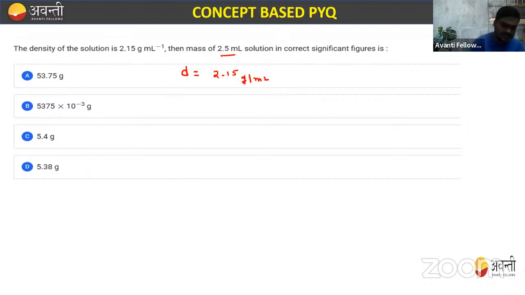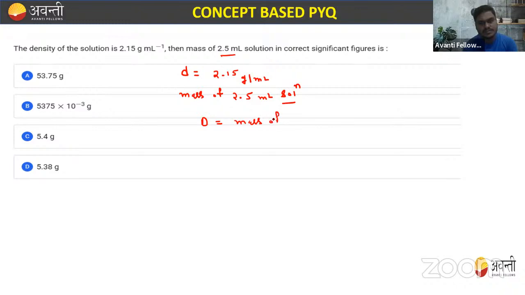So you have to find the mass. So we know that density is equal to mass of the solution divided by volume of the solution.